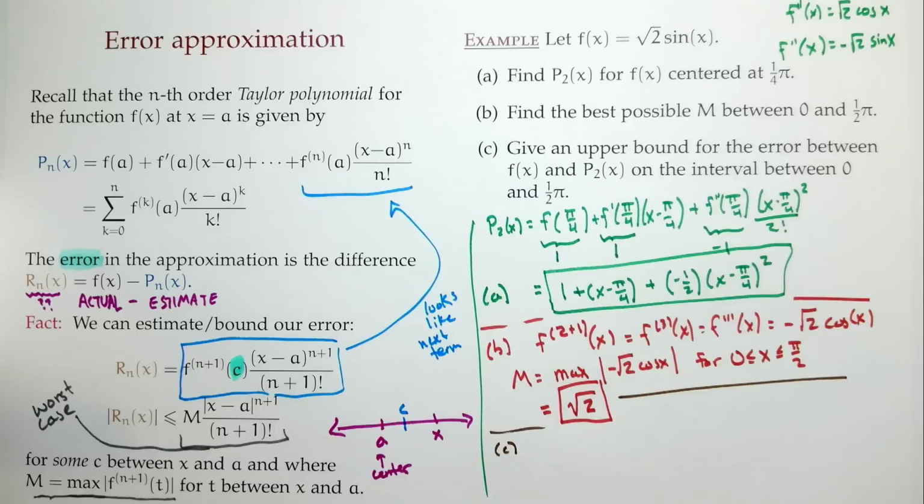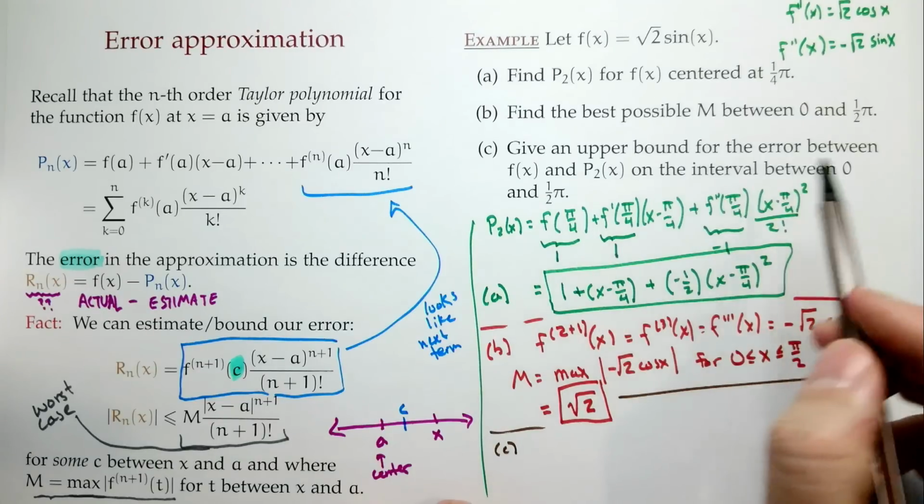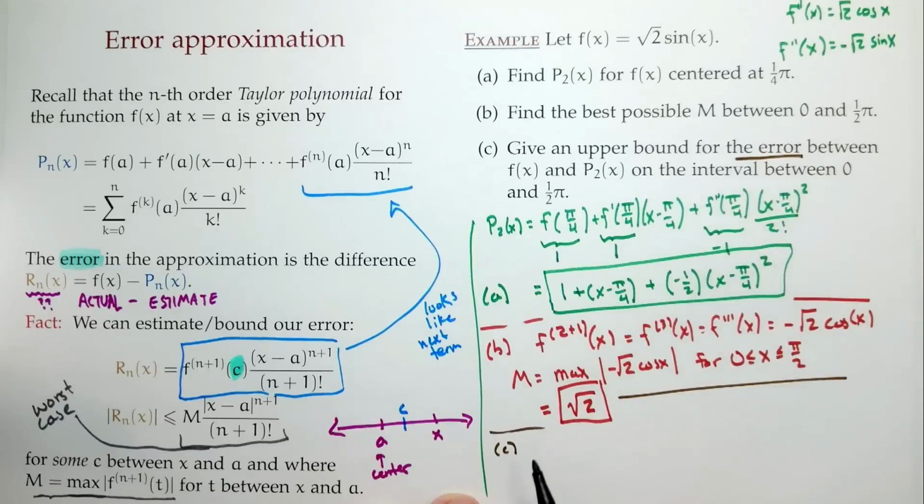So give an upper bound for the error between f of x and p2 of x on the interval between 0 and pi halves. So the error is really saying, we're looking for our function f of x and p2 of x.